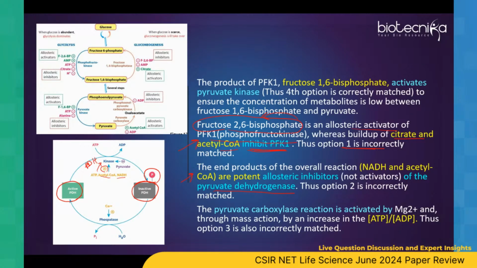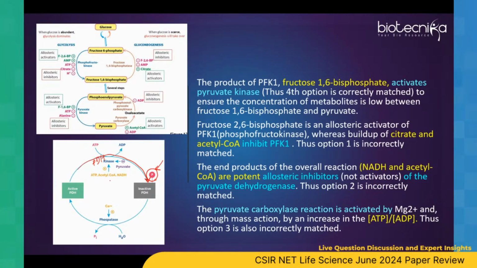prone to making mistakes. Here you have the PDH kinase, which is activated by ATP, acetyl CoA, NADH and inhibited by pyruvate. But the question is not asking about PDH kinase, it is asking about pyruvate dehydrogenase. So what is the role of PDH kinase? PDH kinase will inhibit PDH, inactivate PDH by adding a phosphate group.